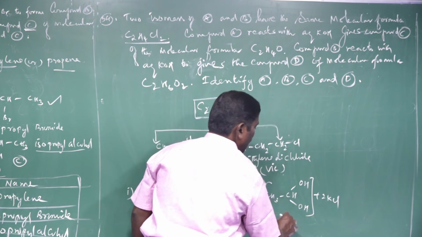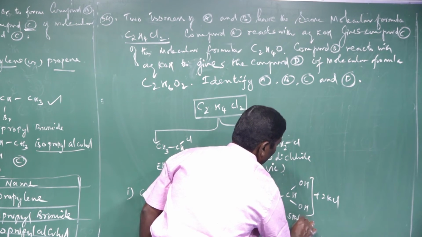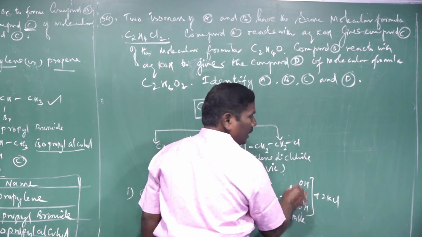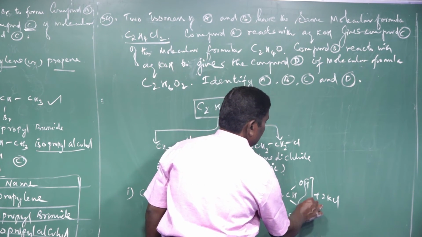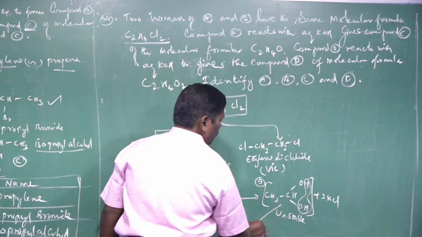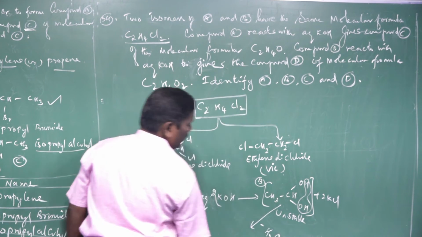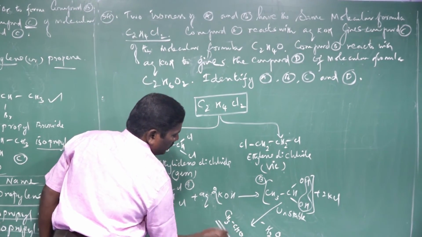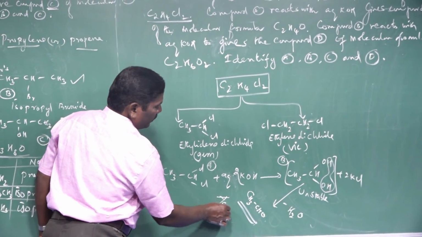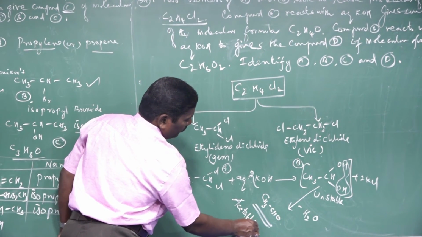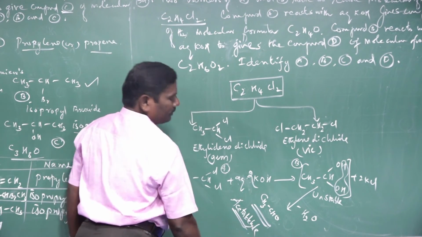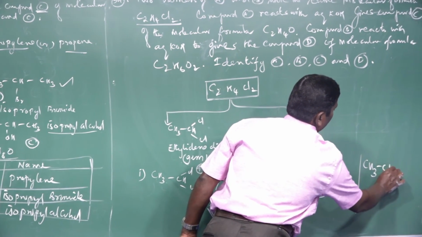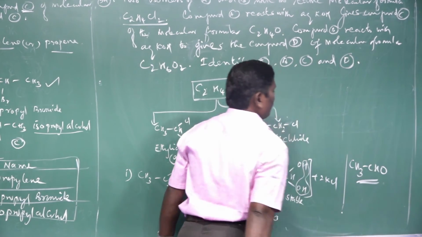This compound is unstable. Why is it unstable? Because two OH groups are present on the same carbon atom. Now this loses water. Minus H2O, which gives the product CH3CHO, which we can say is acetaldehyde. CH3CHO is called acetaldehyde.